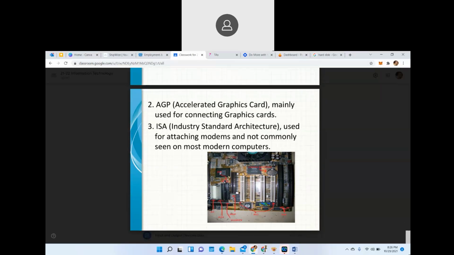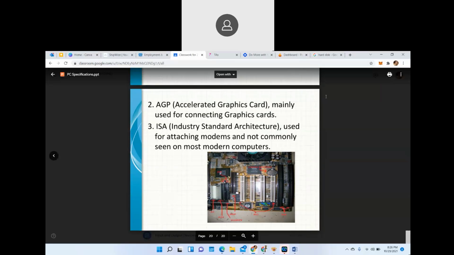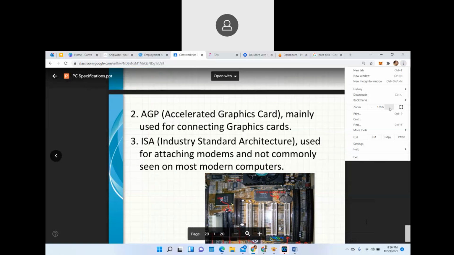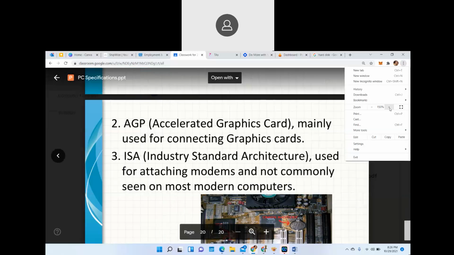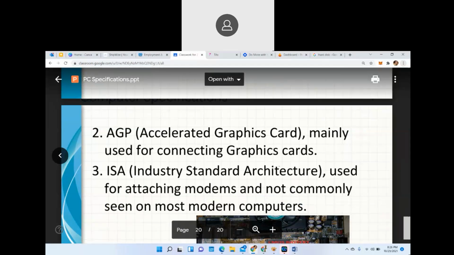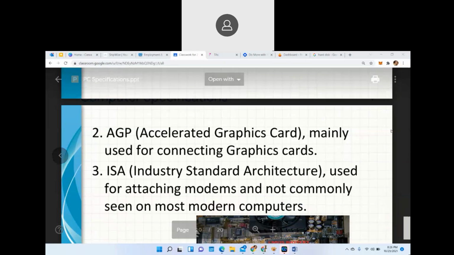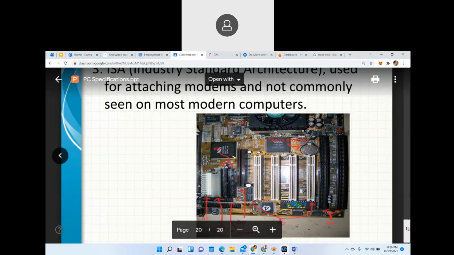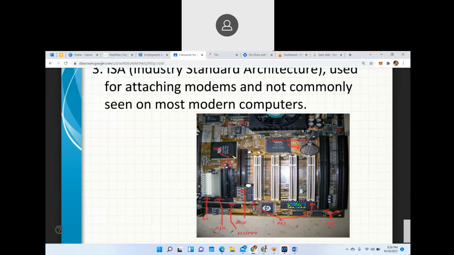If you look on this motherboard, let me see if I can make this bigger. Alright, much better. Now if you look, it has different ports that can hold different devices.